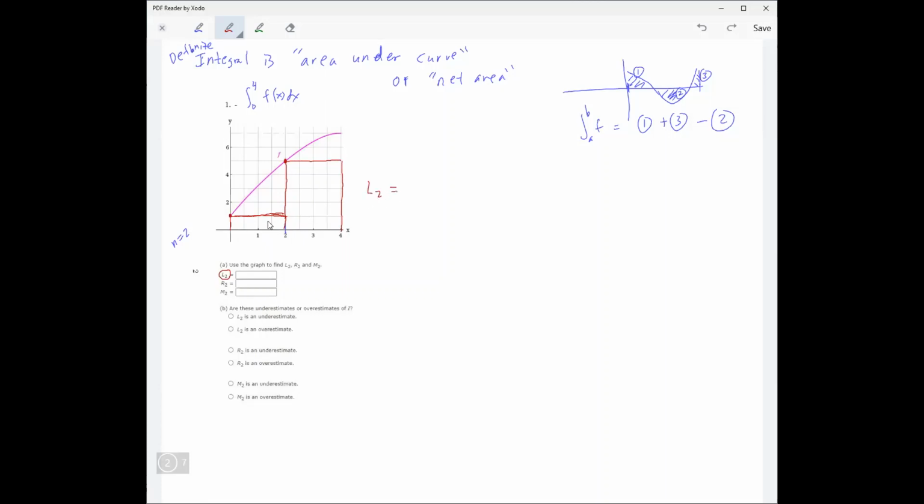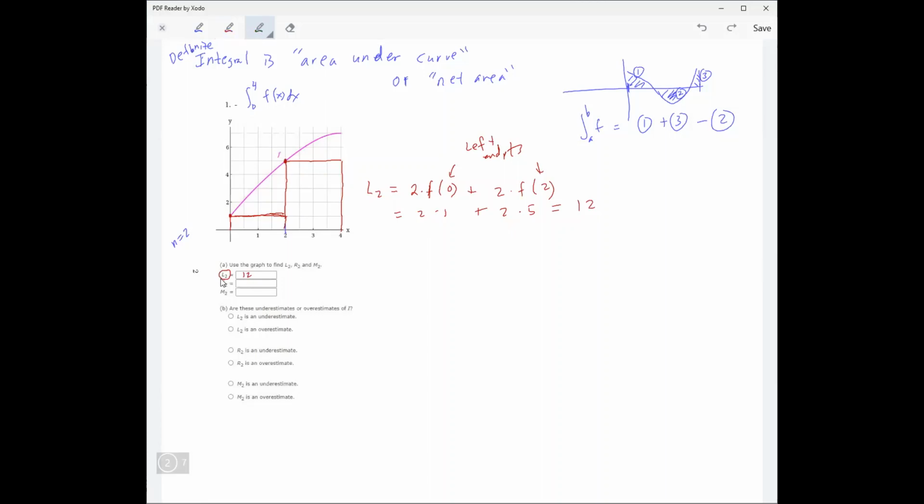The height is 1 and the length is 2, so that's 2 times 1, or f of 0, plus 2 times f of 2. This is using the left endpoints. f of 0 is 1, and f of 2 is 5, so that's 2 plus 10, which is 12.